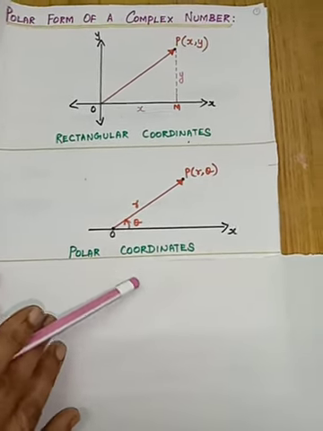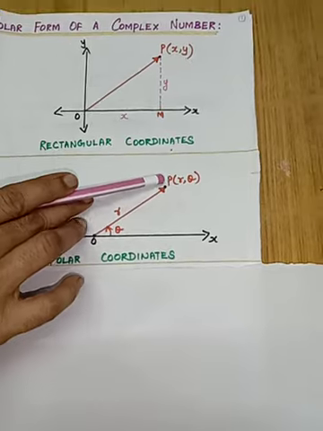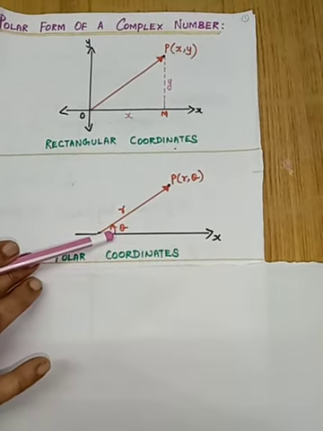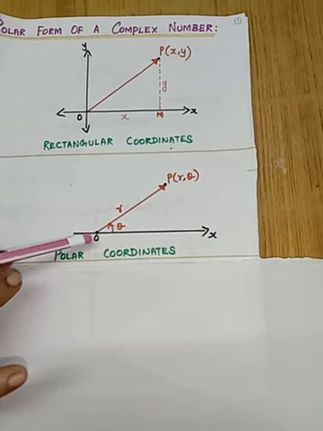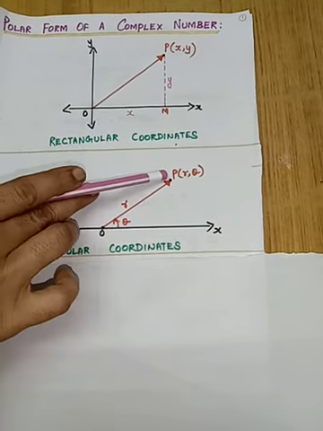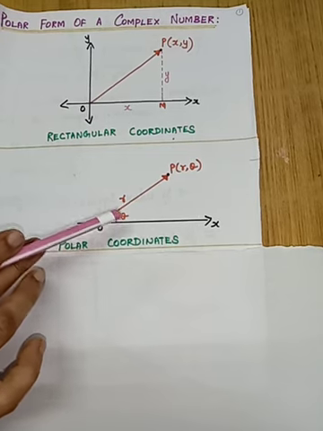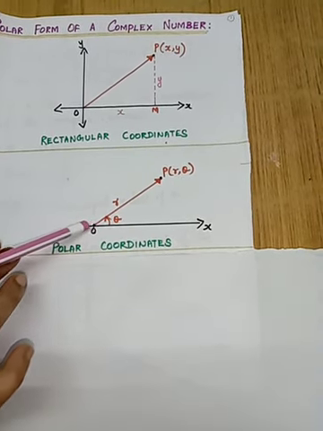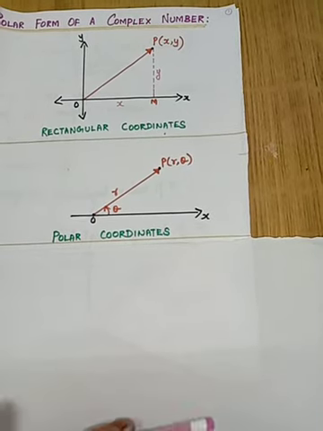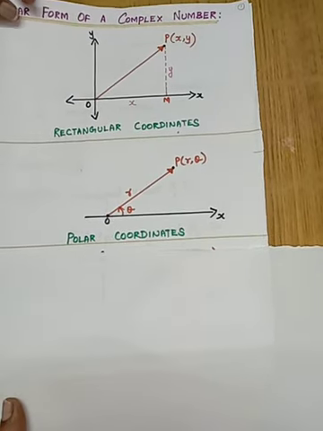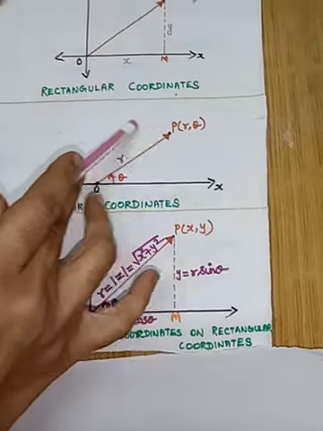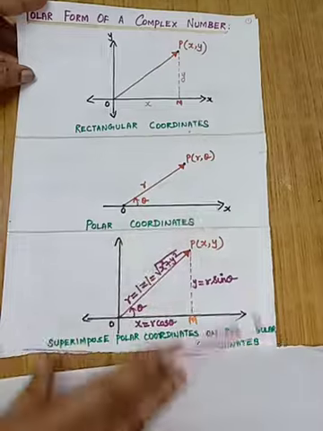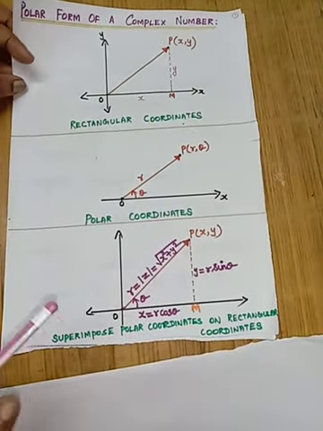In the polar coordinate system, the point can be represented using the ordered pair r comma theta, where r is the distance from the pole to the point and theta is the angle measured from the initial line to the line OP. What we are going to do is superimpose the polar coordinates on the rectangular coordinates, so you will get this diagram.